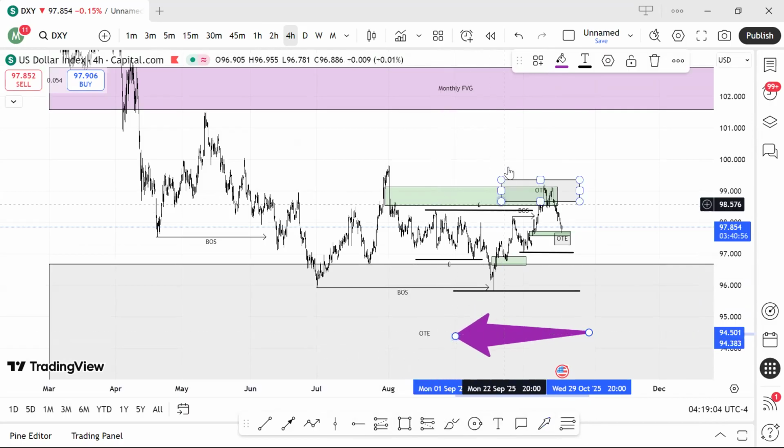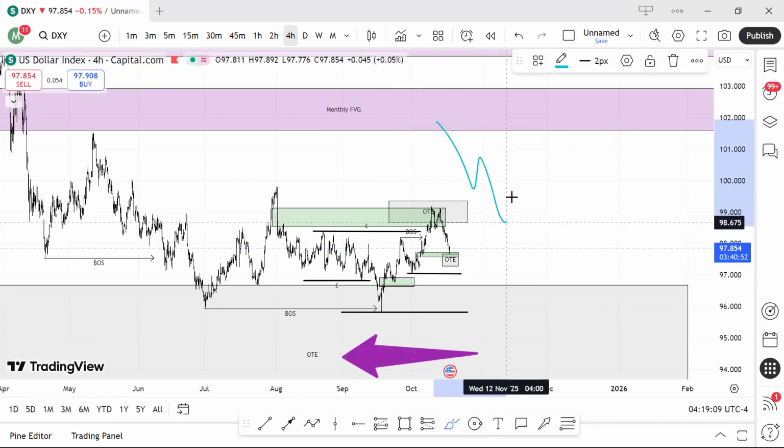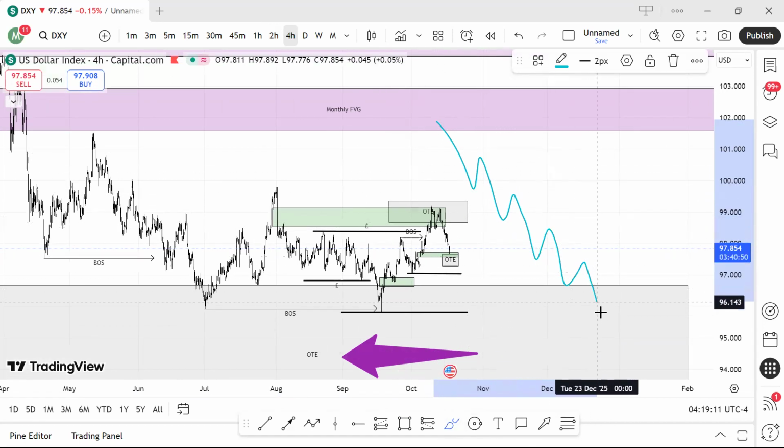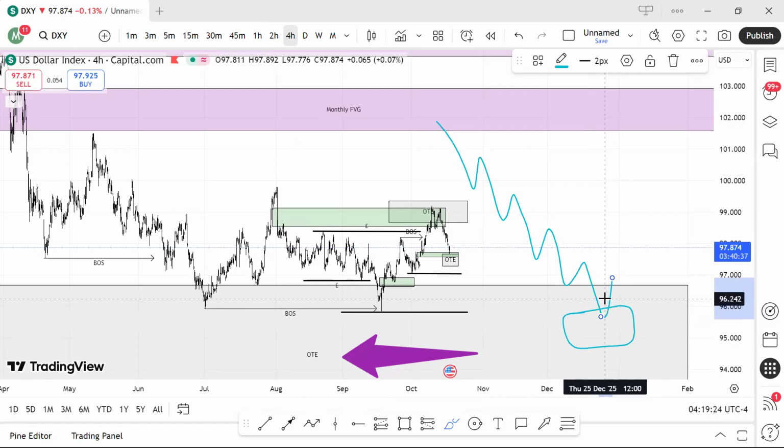But we are waiting to see the market also change direction. So as we've been pushing down to the downside like this on the higher time frame and respecting the OTE zones, the market has already pulled back somewhere here. So we are in the bullish zone, but we're not yet bullish.